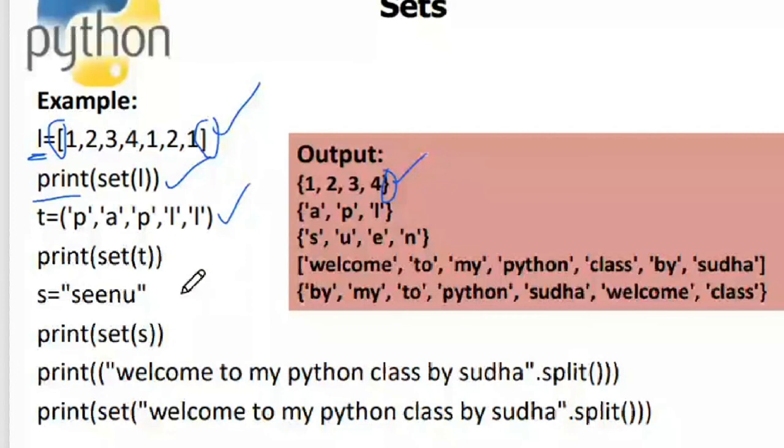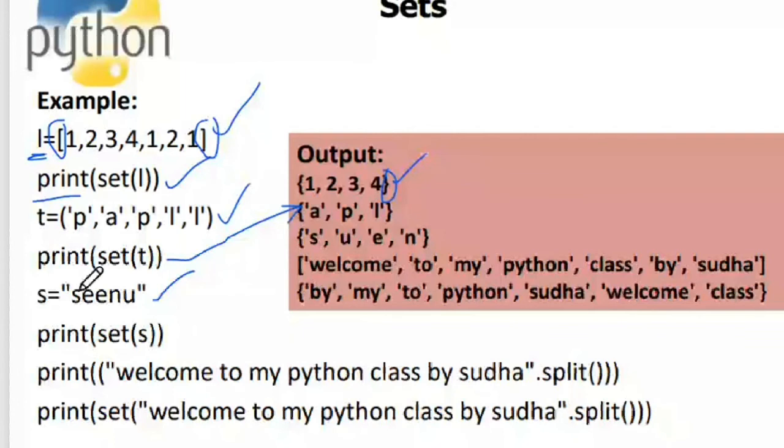And in the next case, I have taken a string wherein I said S is equal to Seenu, and then I'm converting this string into a set. When I converted, each and every character inside this particular string is converted into an element in the set. S is converted to an element in the set, E is converted to an element in the set.